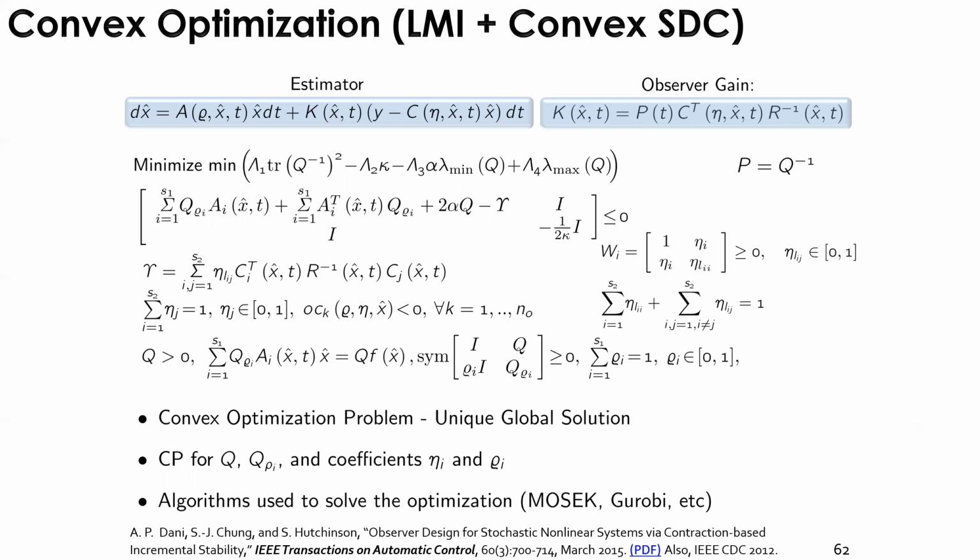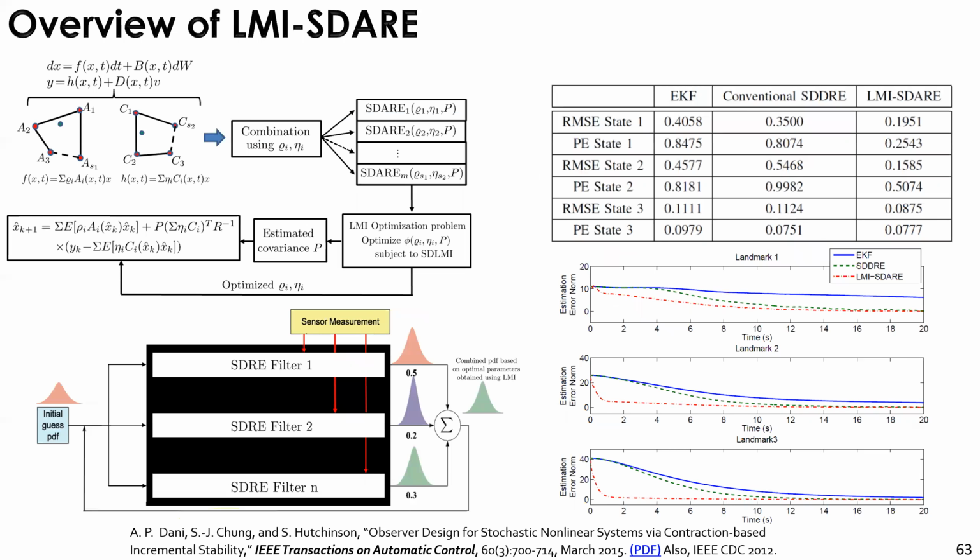But still, you can do that, and because we are rigorously using the nonlinear stochastic stability theorem to minimize the steady state estimation error, we can easily show that this outperforms the extended Kalman filter in terms of inconsistency and estimation errors. That's the paper, Observer Design for Stochastic Nonlinear System via Contraction-Based Incremental Stability, published in the Transactions on Automatic Control 2015.